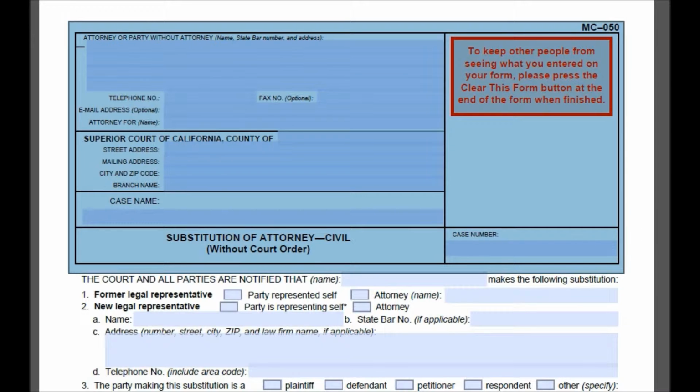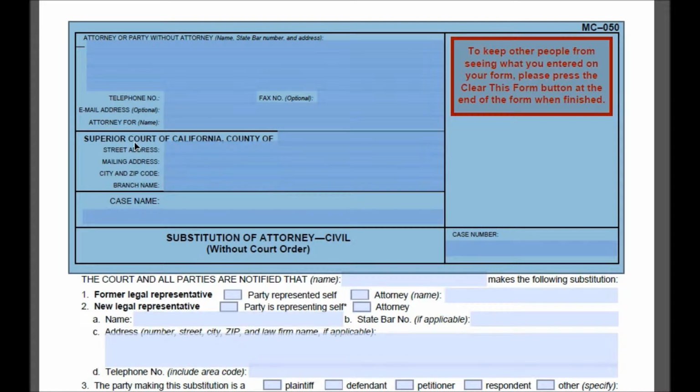I am going to hyperlink some sample substitution of attorney forms that I'll fill out to account for various possible situations, like substituting an attorney on and substituting an attorney off. In both of those cases, no one is going to replace that attorney. You're getting rid of an attorney going forward and you're on your own, or you were on your own and you're having an attorney take over the case for you. I'm going to cover both of those situations.